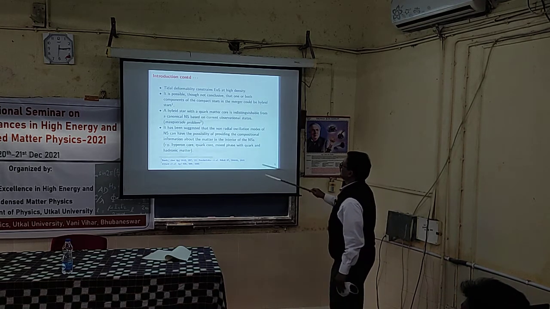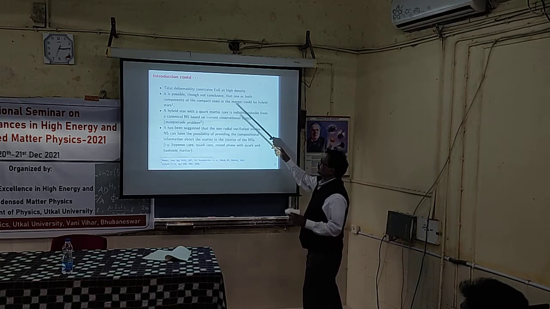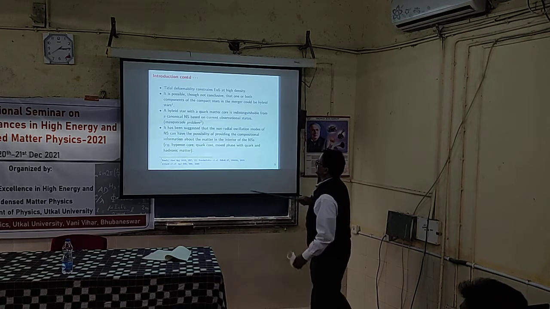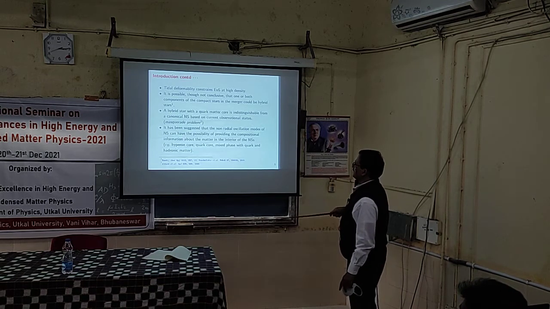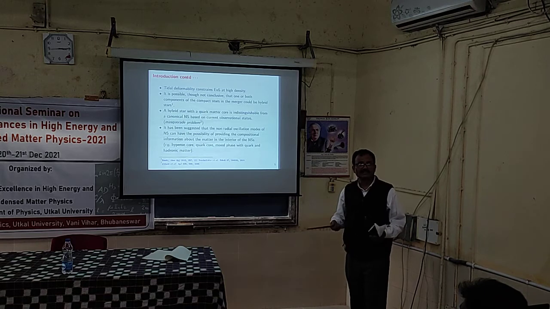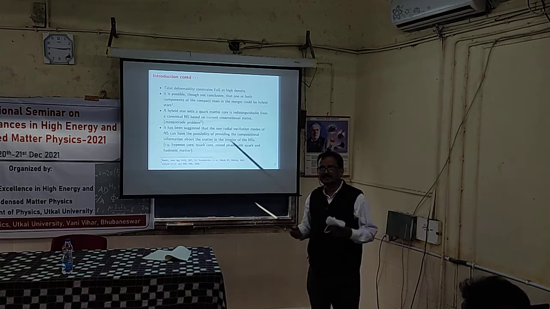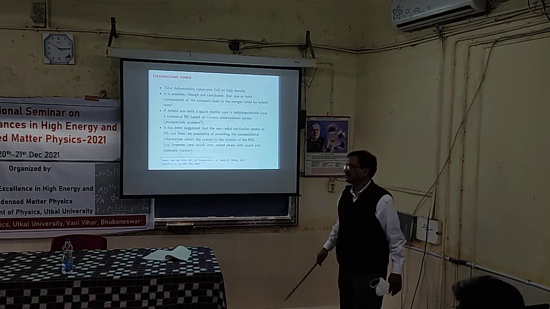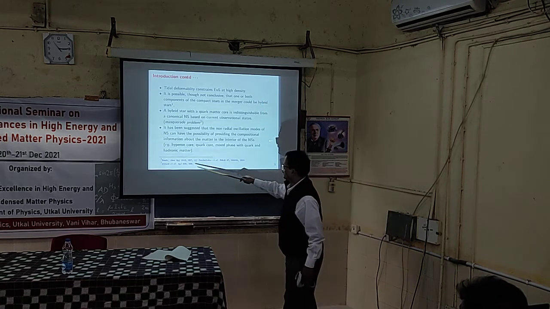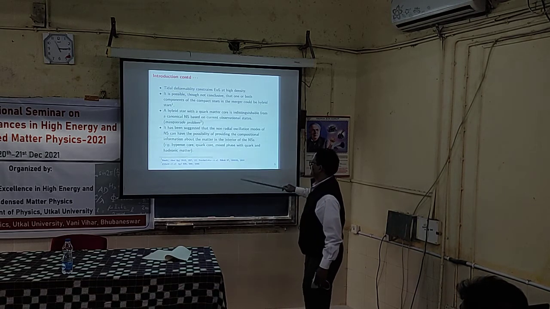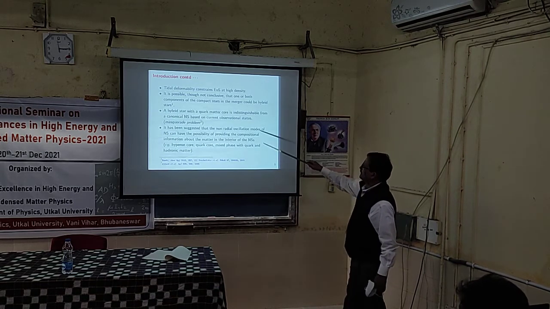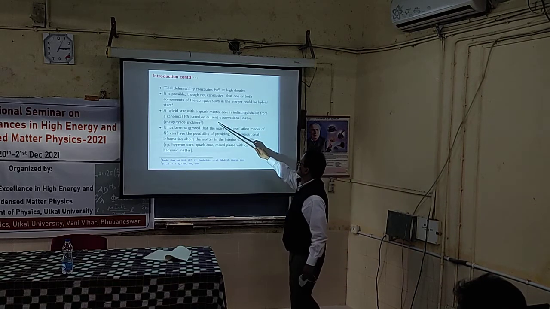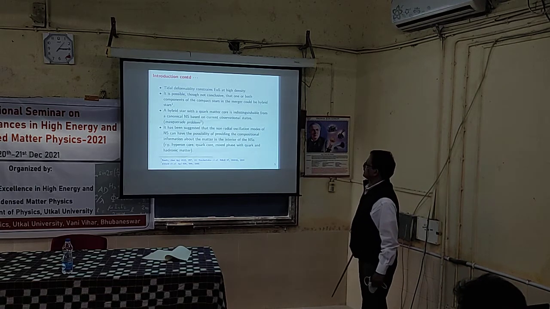It is possible, though not conclusive, that these 2 stars which are merging could be hybrid stars, either both or at least one of them. But it turns out that there have been calculations which show that even if it is a hybrid star, it can be within that limit. There are papers here by Mandi, Alford, and these people. A hybrid star with a quark matter core is indistinguishable from a canonical neutron star based on the current observational status.